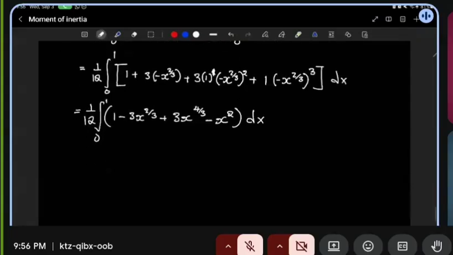We can simplify this, and actually we can integrate this first part. So this is now 1 over 12.